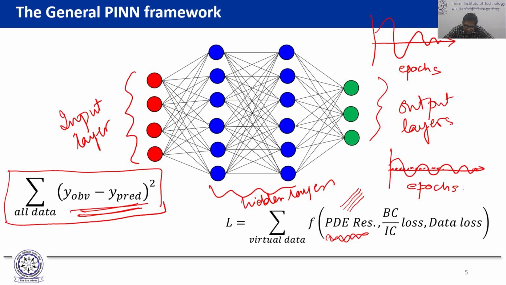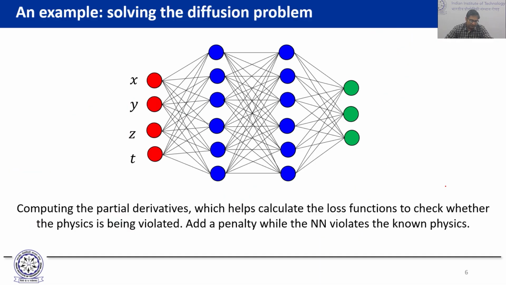So along this epochs axis, you will be able to figure out a large number of points where you have got significant loss coming in when you compare this with the physics-based model. So as you try and minimize these losses, the neural network gets progressively trained better and better. So this is the basic idea of the physics-informed neural networks.